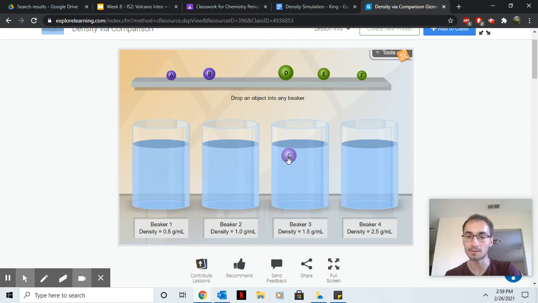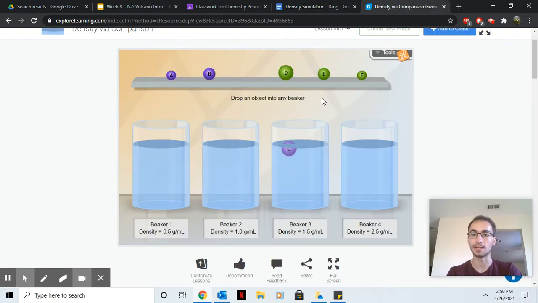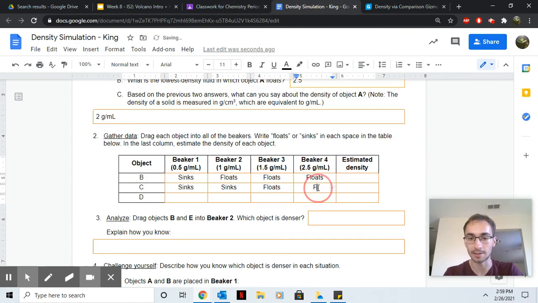But if you try it, yep, it does float. And if it floats in this one, it should definitely float in the last one. Okay, now, based on this information, trying to estimate the density for this one.